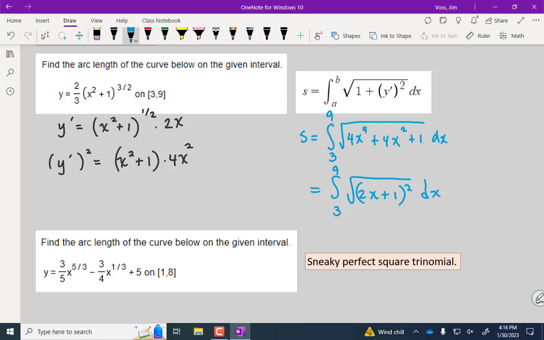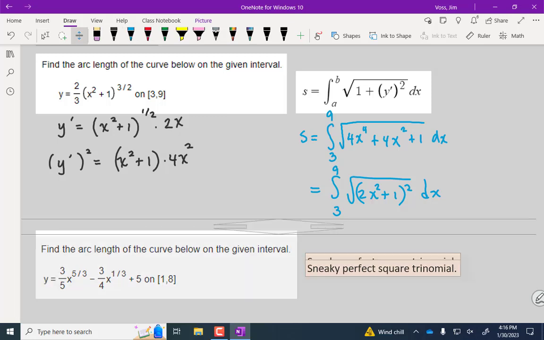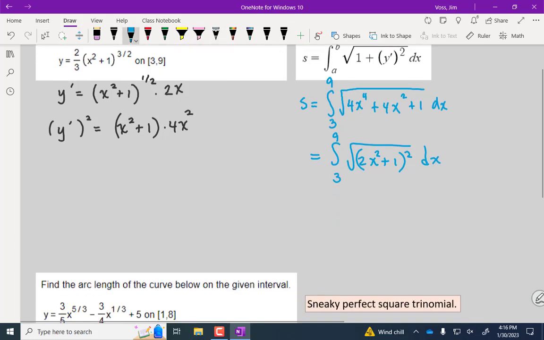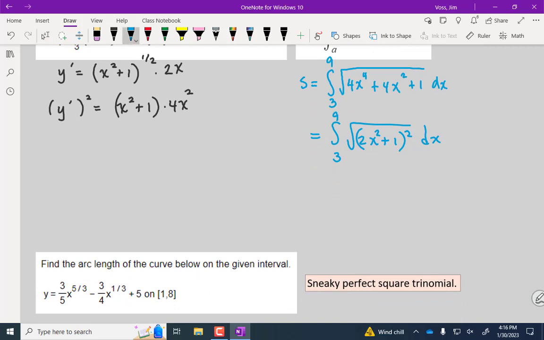That factors into 2x squared plus 1 quantity squared. So that's a perfect square trinomial, and it factors very nicely. And the square root of the square, they cancel.